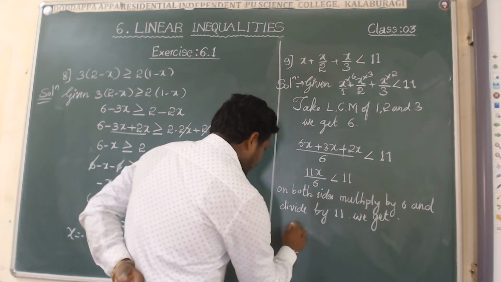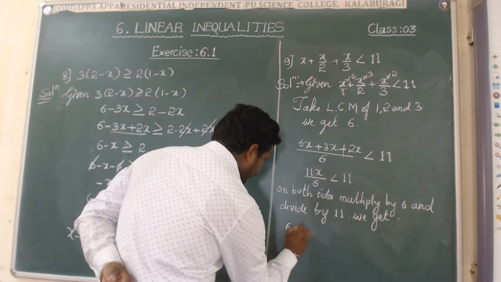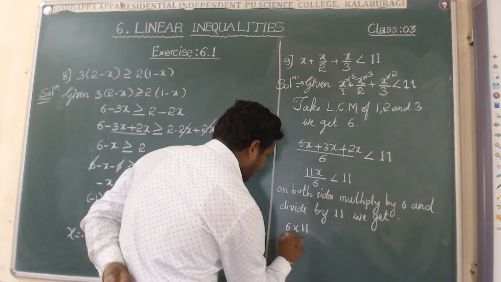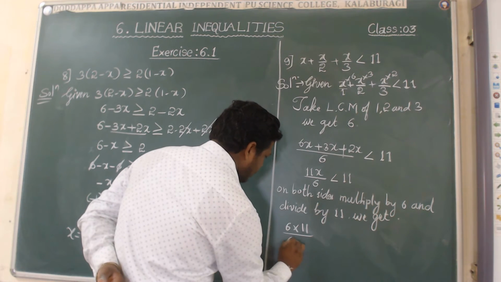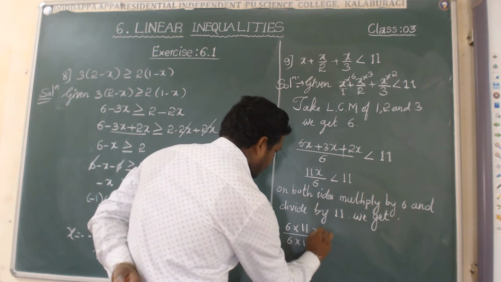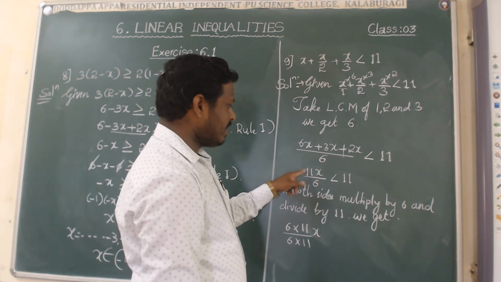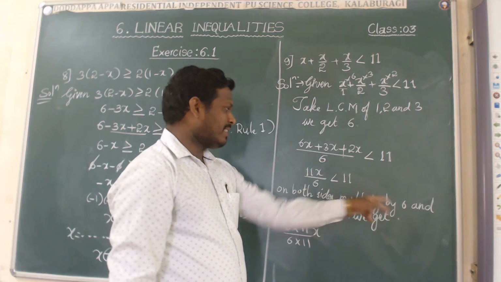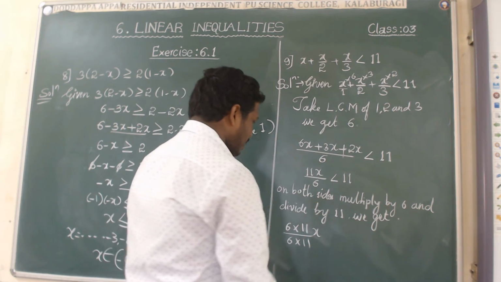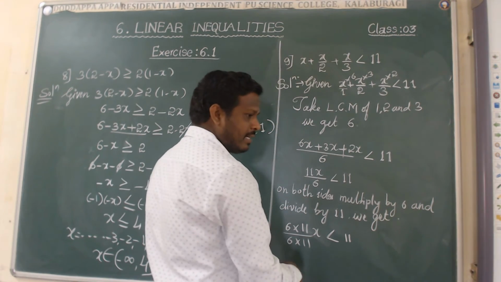Write it: 6 into 11 divided by 6 into 11 into x. Here 11 is already there.